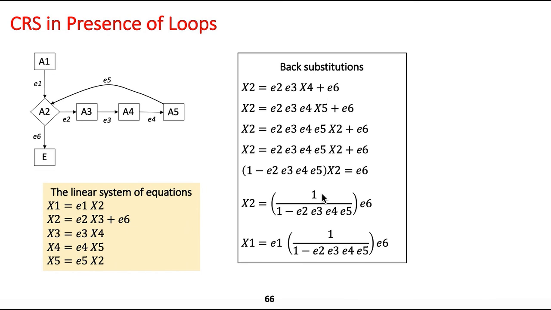So what program statements do we map this weird expression 1 over 1 minus E2, E3, E4, E5? We can map E2, E3, E4, E5, but if we have the program statements in the denominator, how do we define the division? So that creates an interesting problem, and we'll talk about it in the next segment.